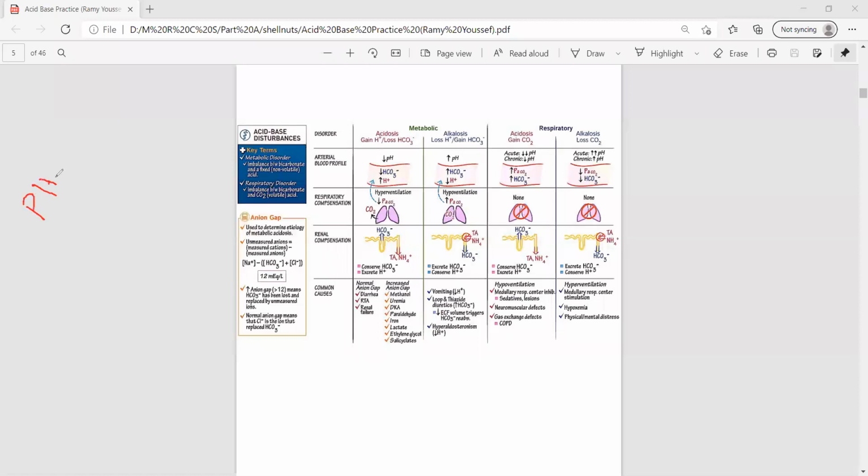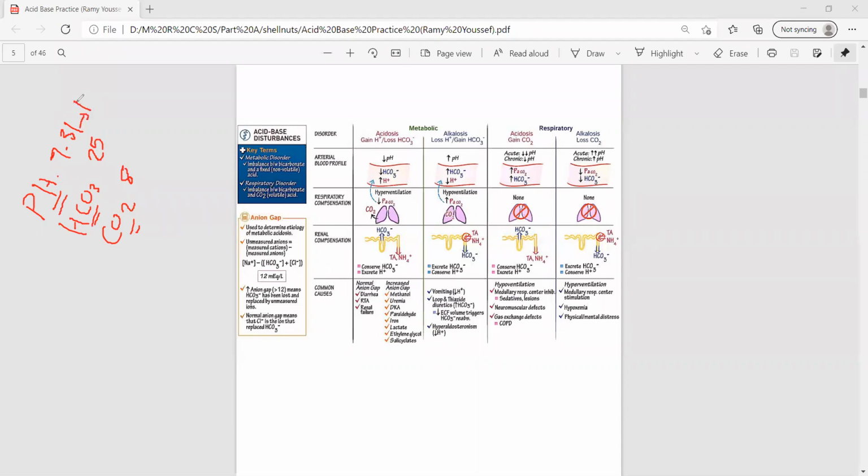I have pH 7.31, I have HCO3 25, and I have CO2 8. What do you expect this condition to be? What is the pH here?